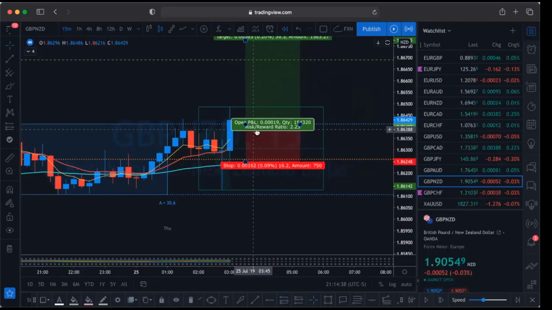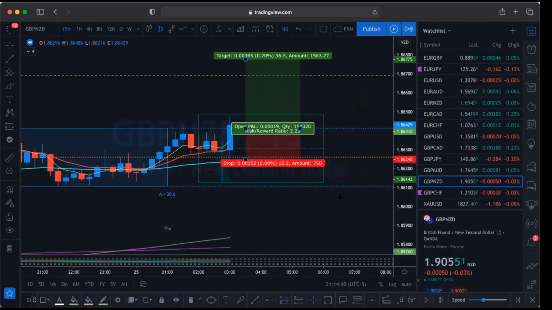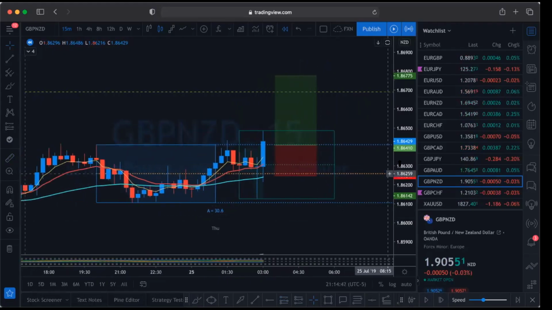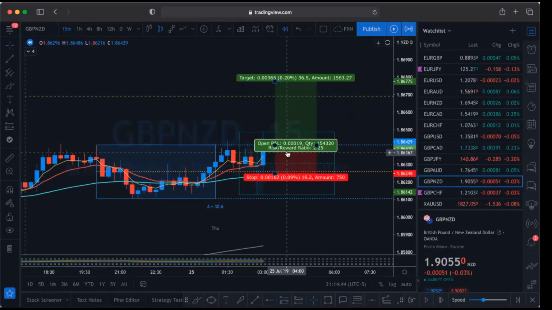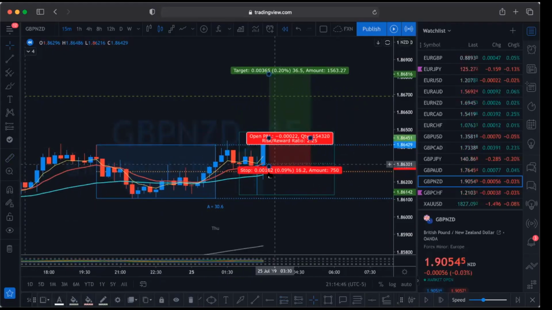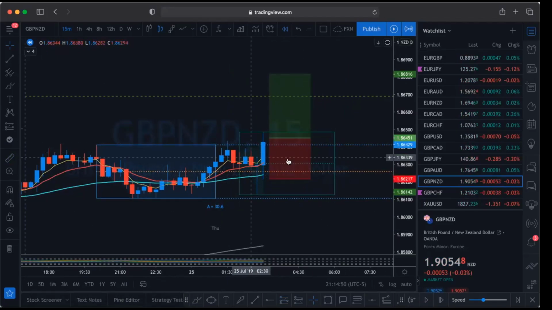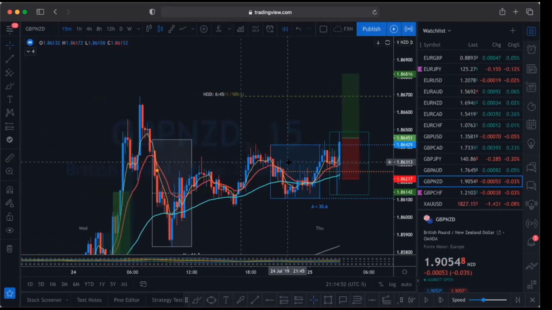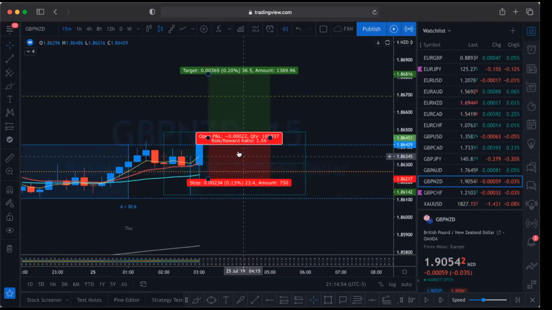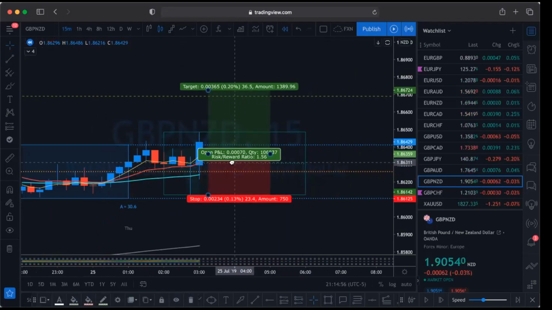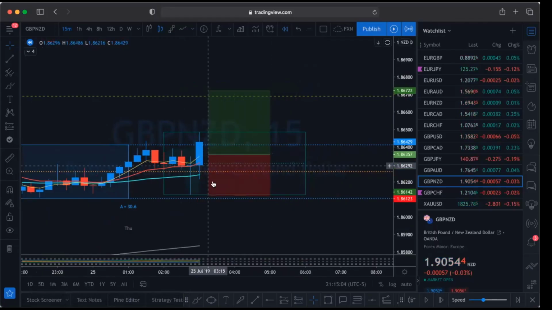So for you to get a good entry on this, you want to have a pullback. To me, this is too big. That doesn't make sense to me. For me to take that, I want to pull back to at least somewhere around here, somewhere in the middle of that candle.